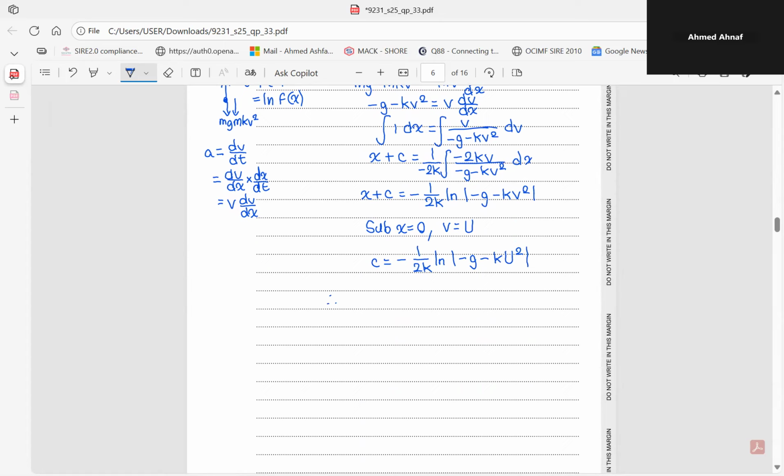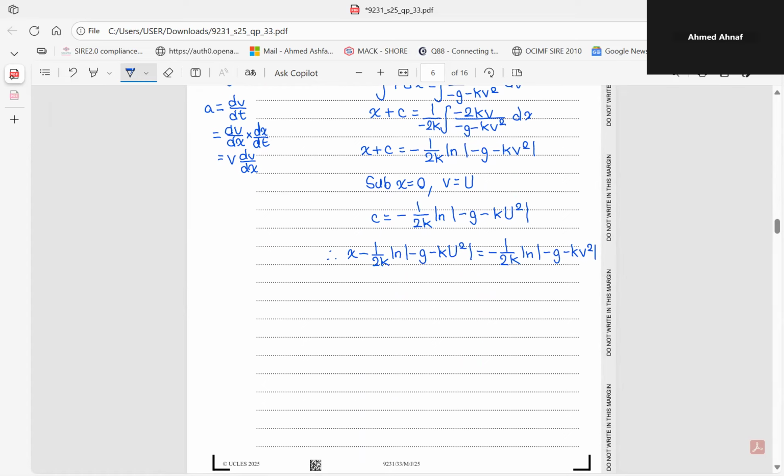So hence, the final equation is x minus 1 over 2k ln of minus g minus kv squared equals minus 1 over 2k ln of minus g minus ku squared.